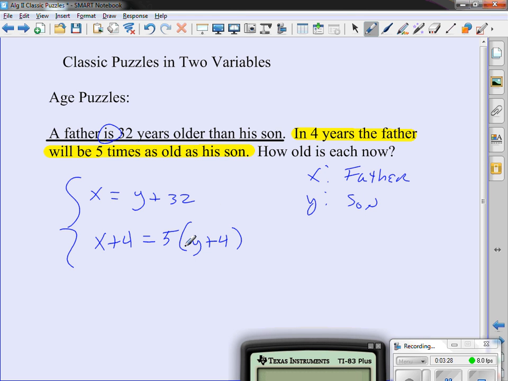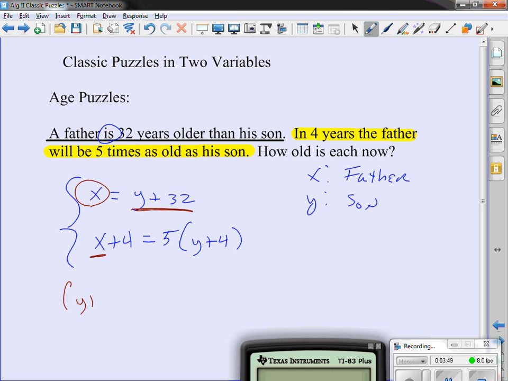I want you to solve this. The best way to solve this one is substitution. For elimination, I have to do a lot of rearranging and multiplying. But here I already know x is equal to this. So I'm going to replace this x with the y plus 32.